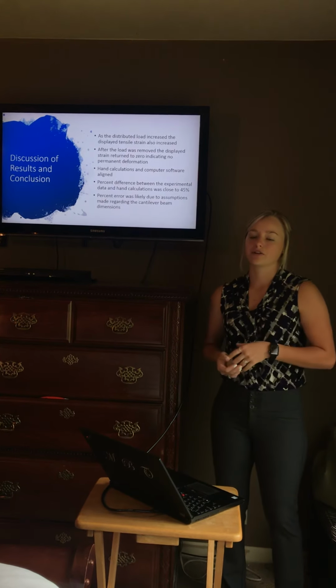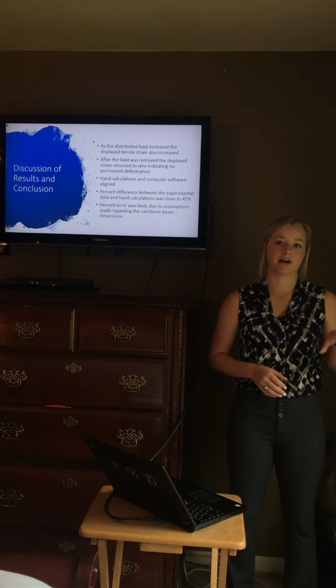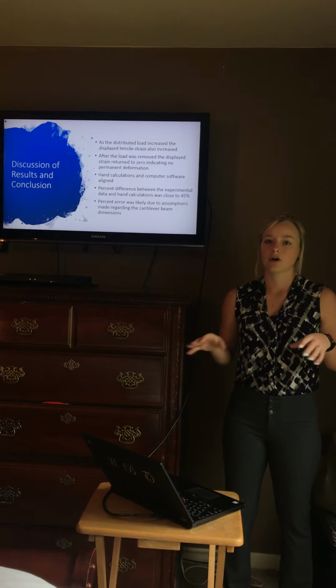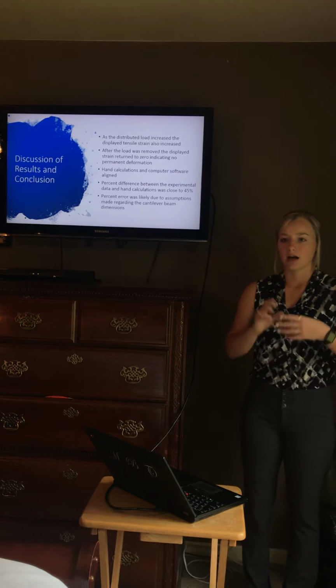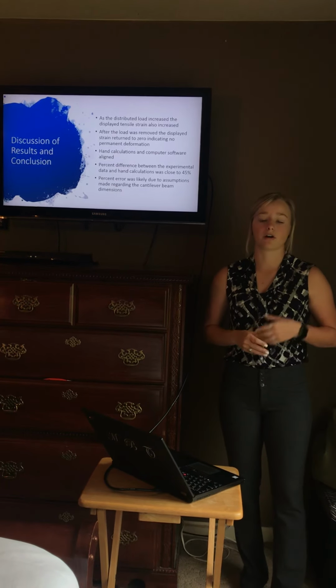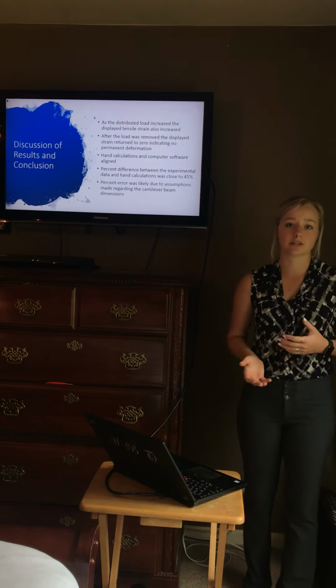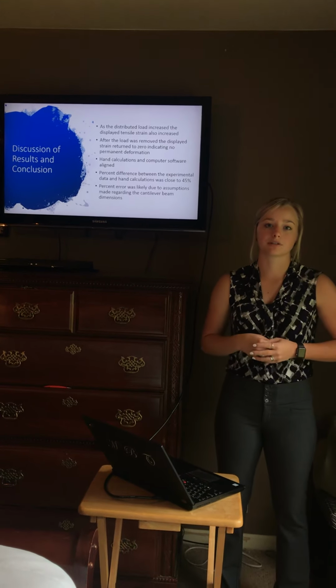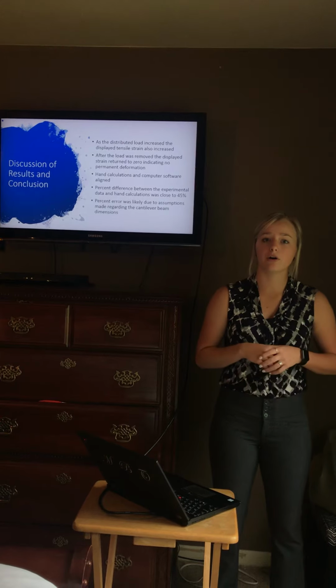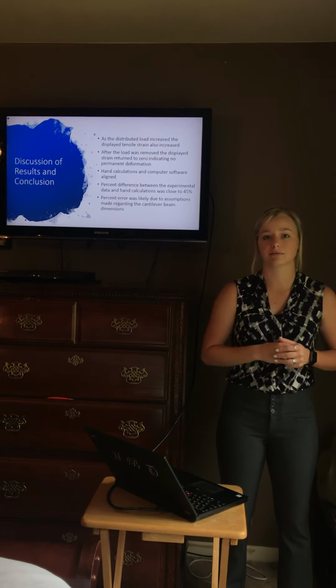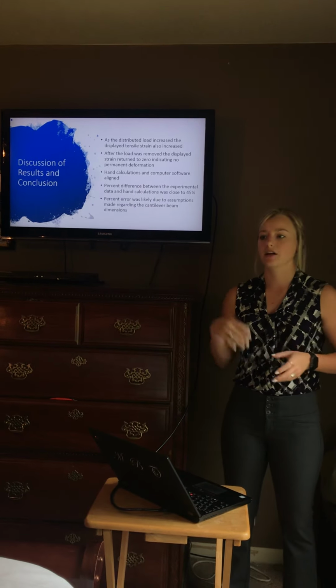However, the percent difference between the experimental values and the calculated values was 45%. It's very, very high. A likely cause could have been our assumption of the beam dimensions. Since we did not have calipers, maybe there was a tolerance that we didn't know and the beam was not the dimensions it was supposed to be, or the specifications were out of date.